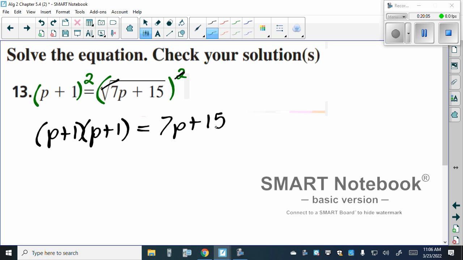So even though this looked like it would make it a lot harder, it's just we're having to multiply p plus 1 by itself and then solve a quadratic. Any questions on this here? Now if we do this multiplication, p times p is p squared. P times 1 is plus p. 1 times p is going to be plus p. And 1 times 1 is going to be plus 1.